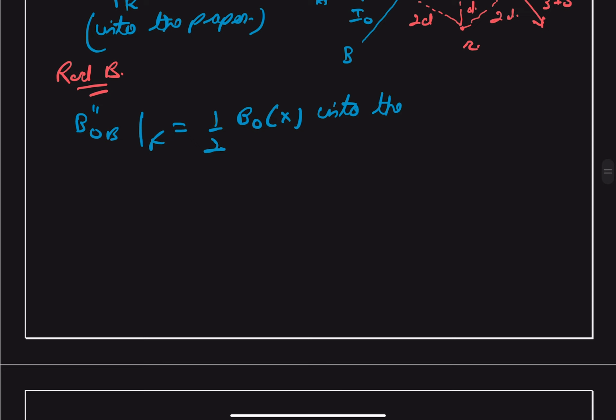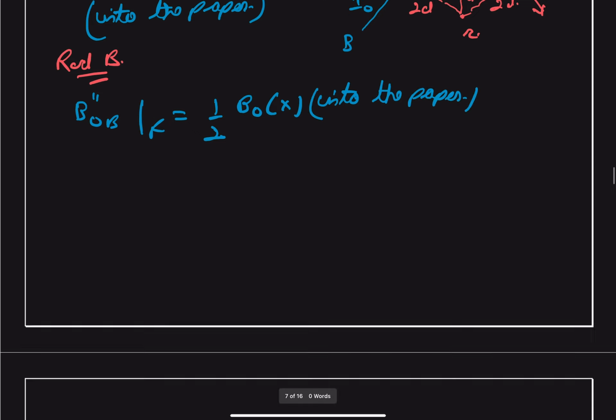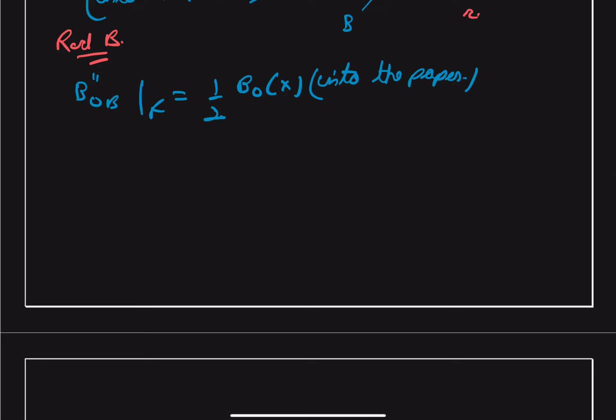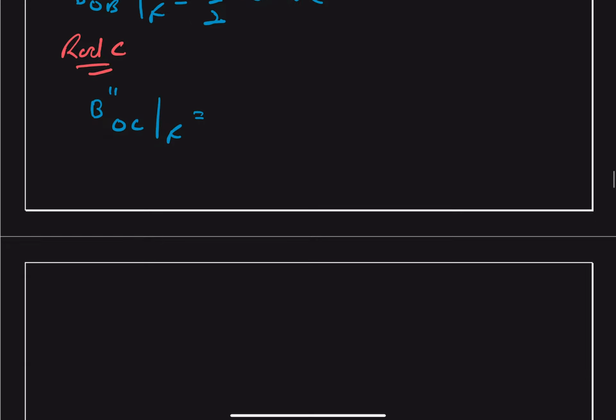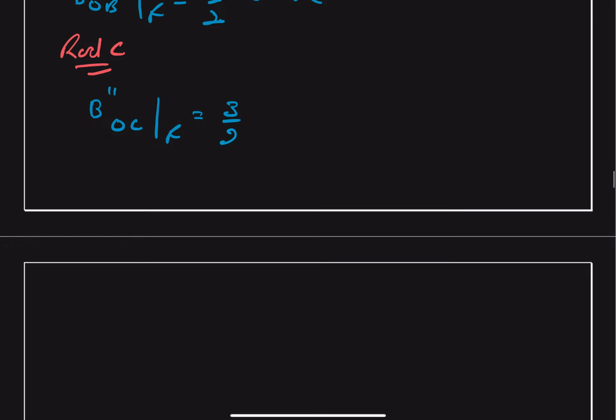And the last is our rod C. So we get the magnetic field at point R due to rod C as 3 by 2 B naught, because the current is 3 I naught, and this will also be into the paper.